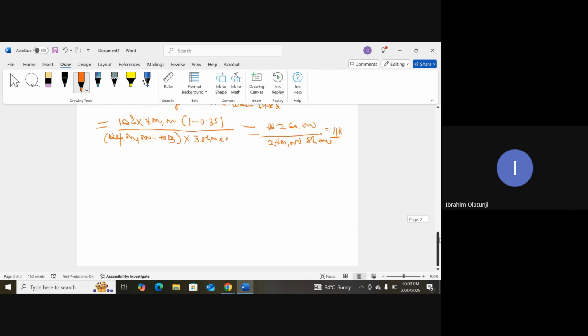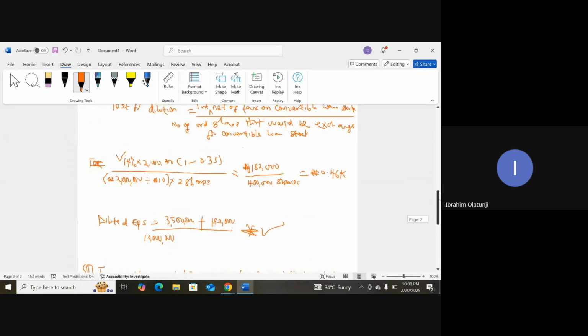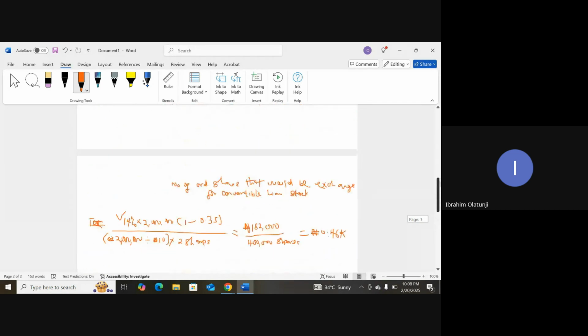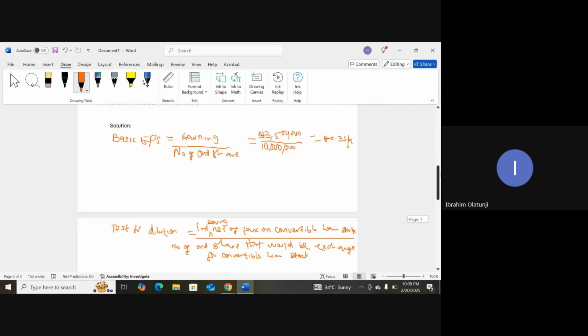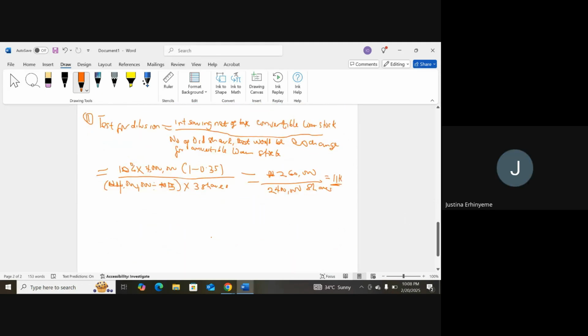So now compare. If you want to calculate for diluted EPS, let's confirm. We have 11 kobo compared to 35 kobo. So we add. That means we can compute our diluted EPS.